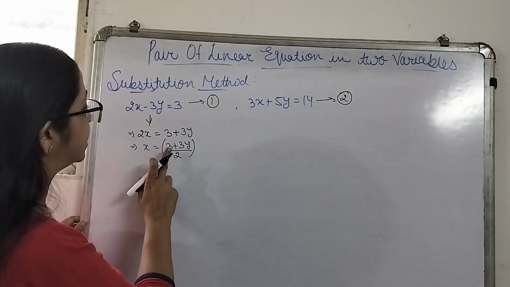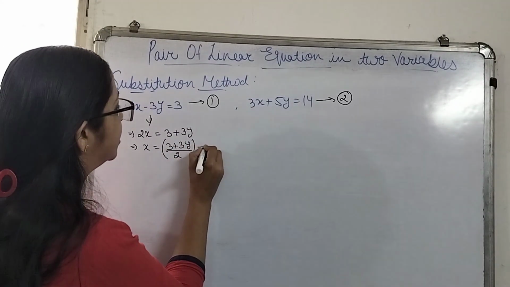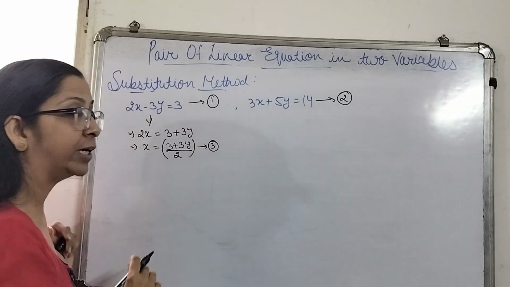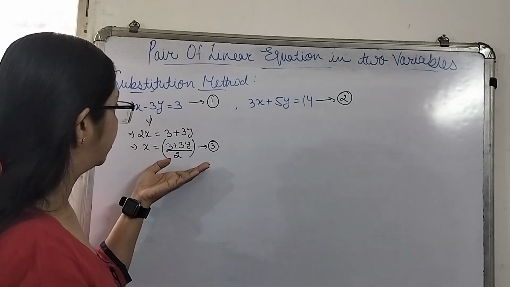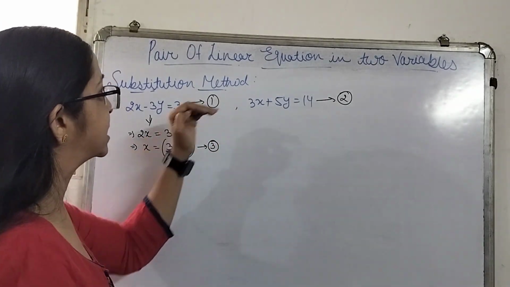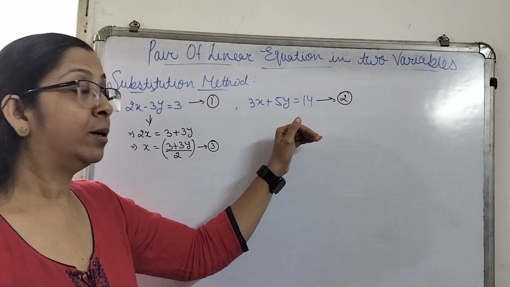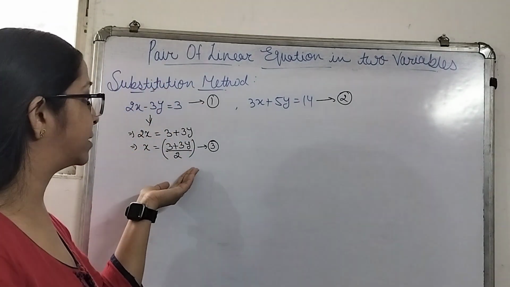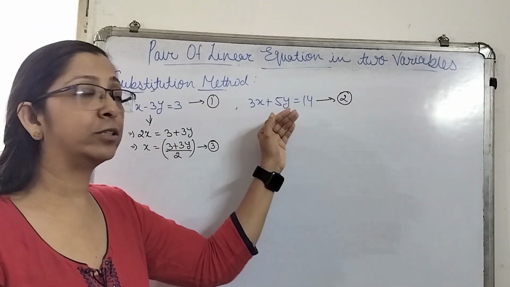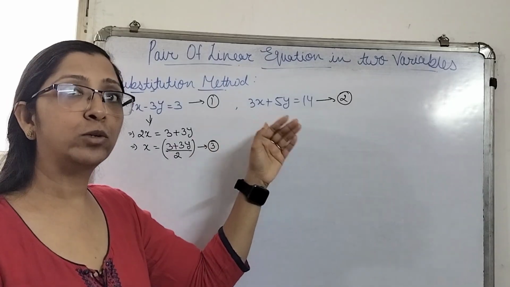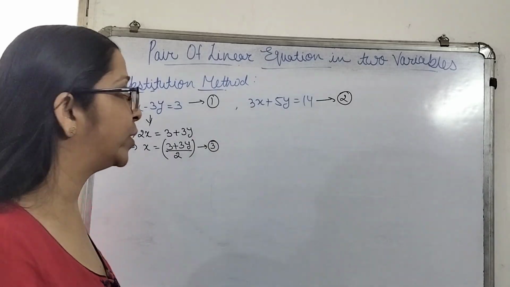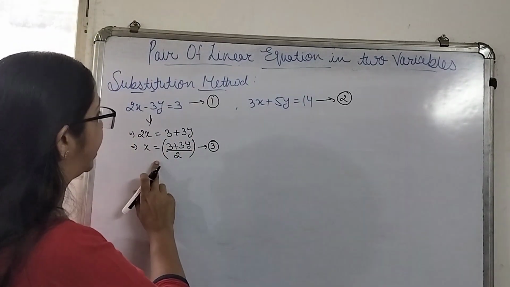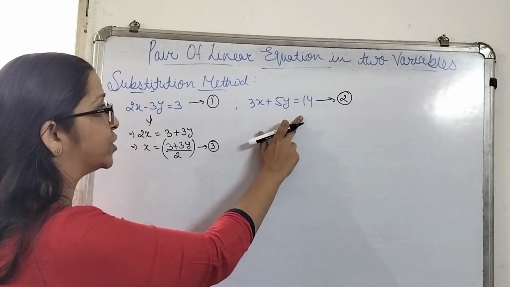So x is 3 plus 3y over 2. Suppose this is equation number 3. Now from equation number 3, we will keep the value of x in equation number 2, because the same value should hold for equation number 2 also. Then only it will be the solution for both equations.